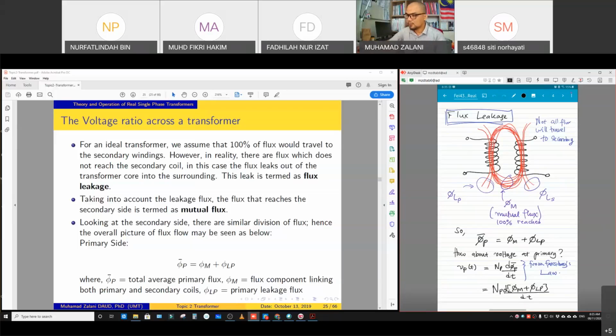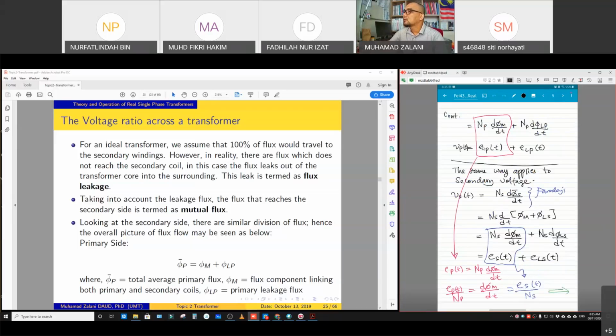Then we can further extend the Faraday's law until we get Vp equals to induced voltage at the primary plus induced voltage at the primary, which is the leakage. So this one refers to the leakage potential.